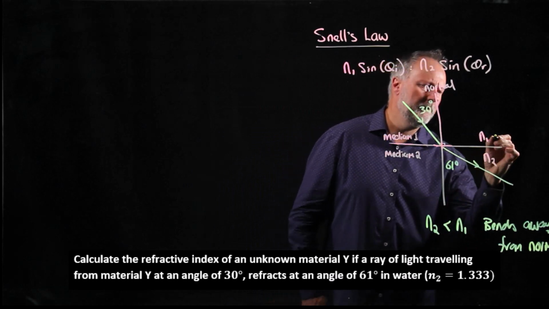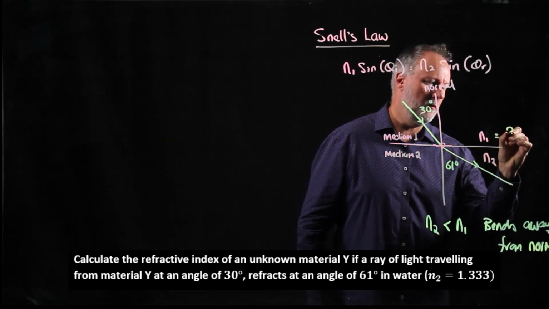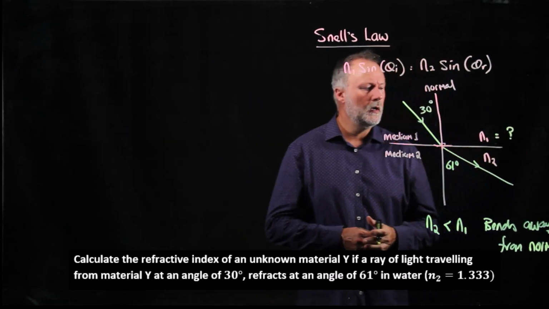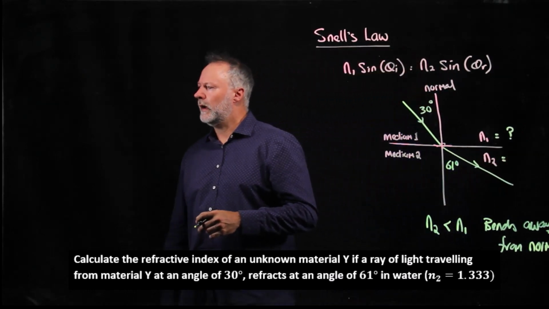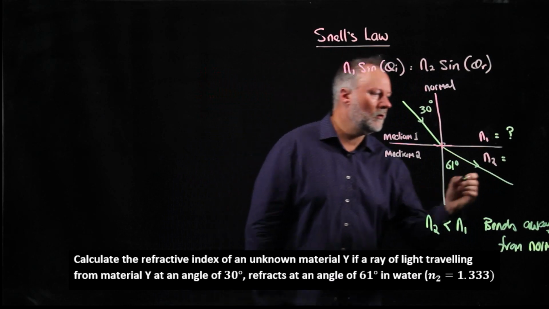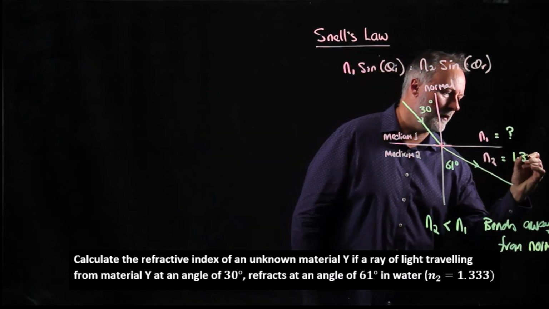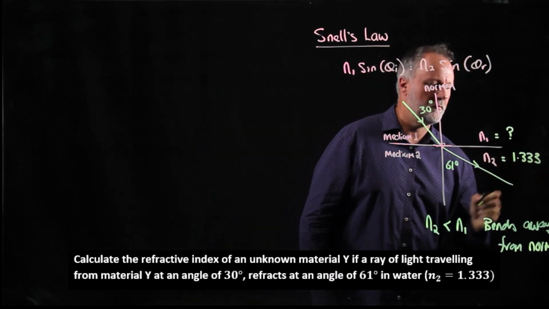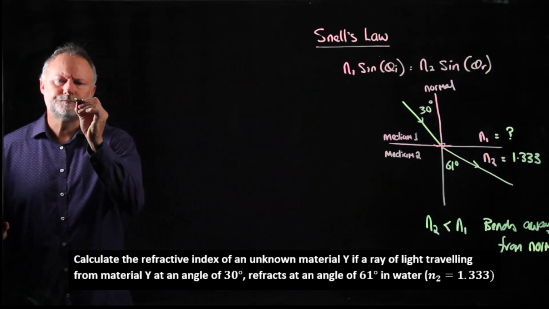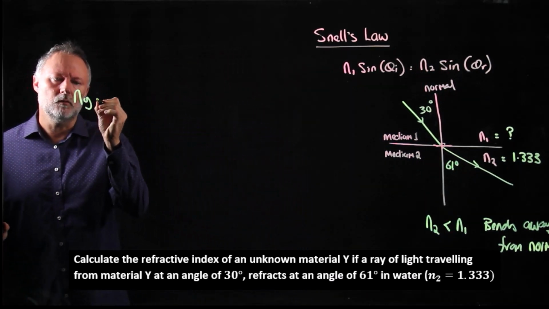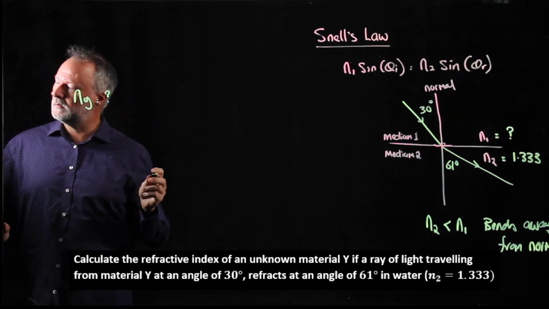We know N1 is our unknown, our material Y, and we've been told that N2 was water with a refractive index of 1.333. Very precise. So let's write these down. The refractive index of material Y is question mark.